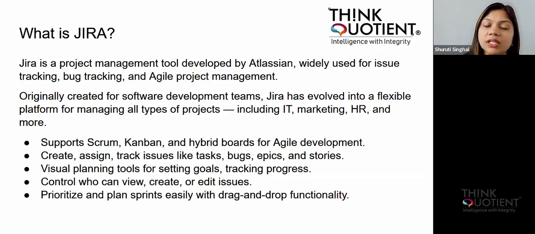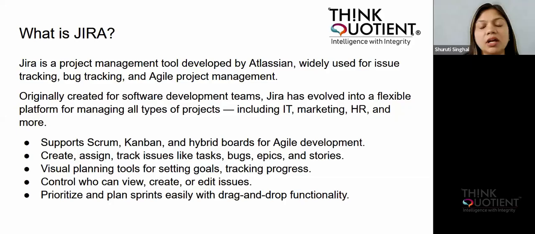This was originally created for software development teams, where they had a platform by which they could manage their projects, wherein we have different types of teams involved, including the IT team, marketing team, HR team, or the tester teams also. Jira has support for various types of frameworks like Scrum, Kanban, and hybrid boards.